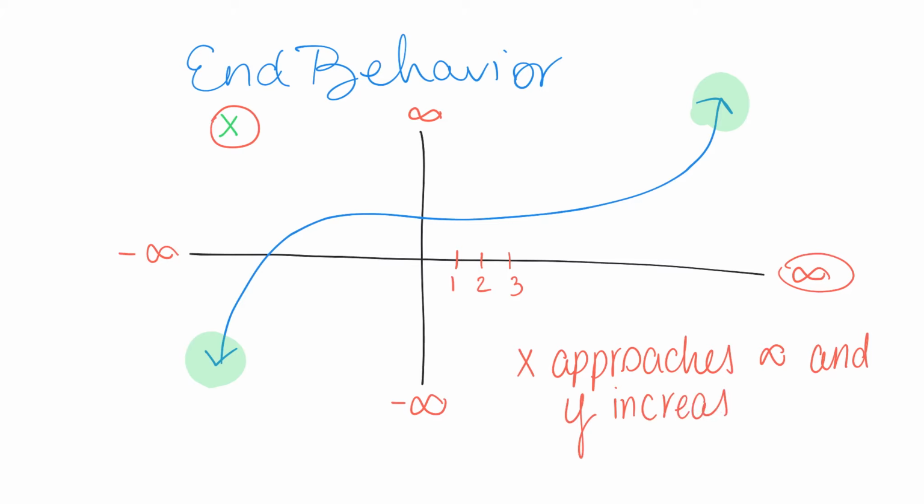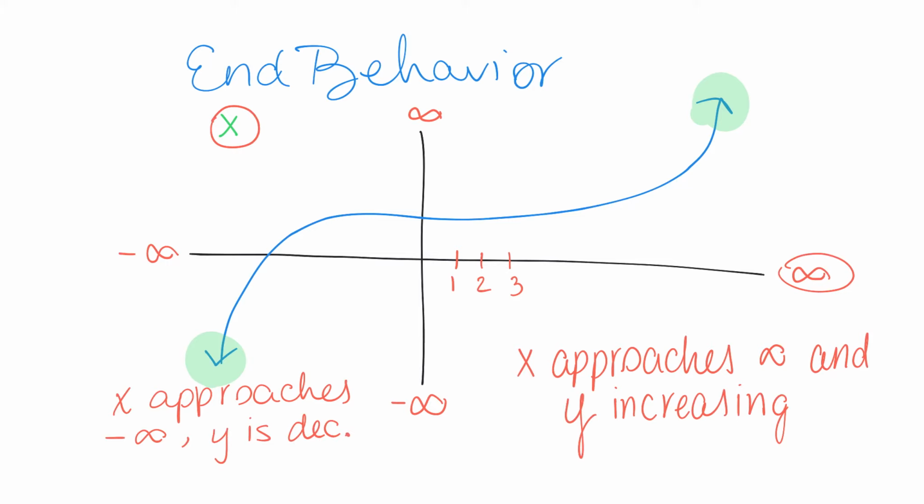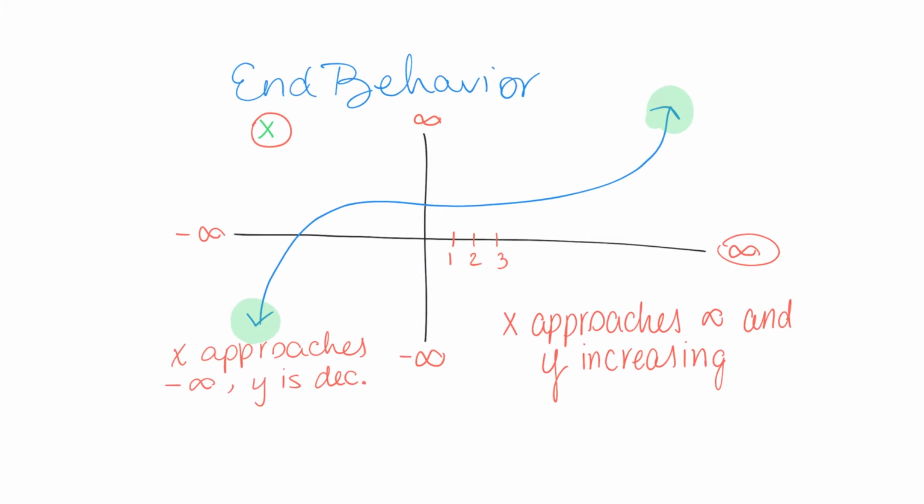So you can write that as a sentence: y is increasing, or you can say that y is approaching infinity. Then you also need to talk about the other side. You would say, as x approaches negative infinity, what's y doing? y is decreasing. Those are options.